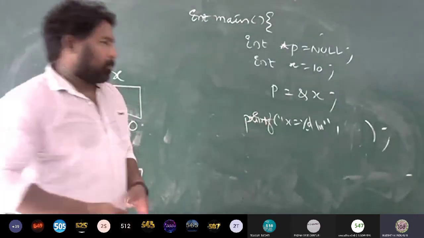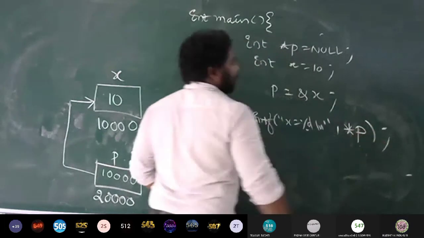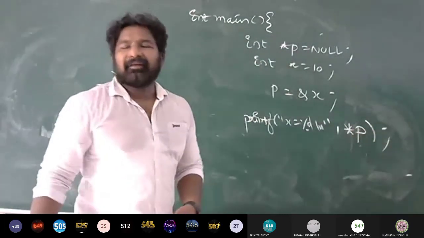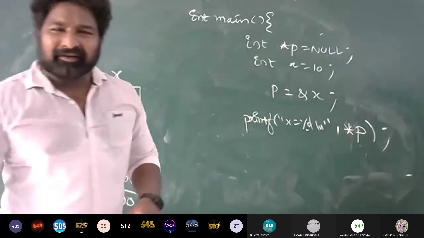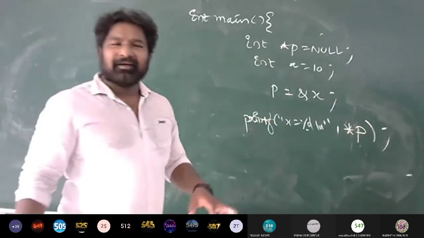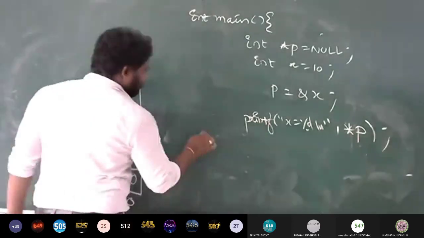Printf X equals percentage d slash n comma star P. Star P, right? And I gave you one nice derivation like in mathematics: why star P will give you the X value.